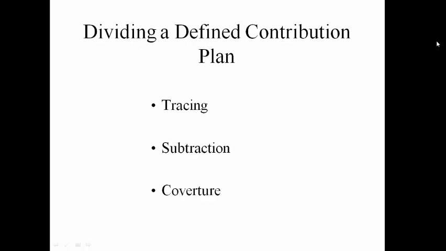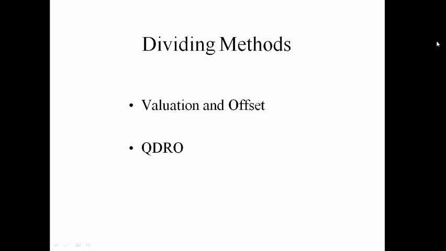So if the couple adopts the valuation and offset method, the two offset each other, and the husband would keep the pension and the wife would keep the home, and they're done. That's an exaggerated example, and some better examples will come later in this presentation.